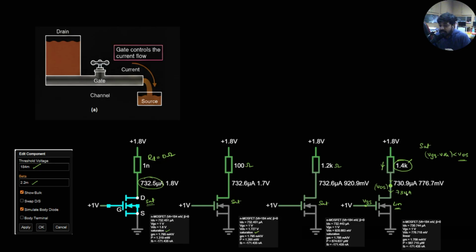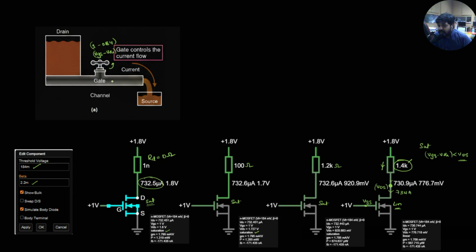Now we'll see the same thing through the analogy, where the analogy shows that when sufficient water is available in the water tank and you open the tap, the control voltage over the tap I consider as VGS, and the effective voltage is represented as VGS minus VTH. So when VGS equals 1 volt and VTH equals, let us suppose, 0.184, this much voltage when we apply, we open the tap by some amount.